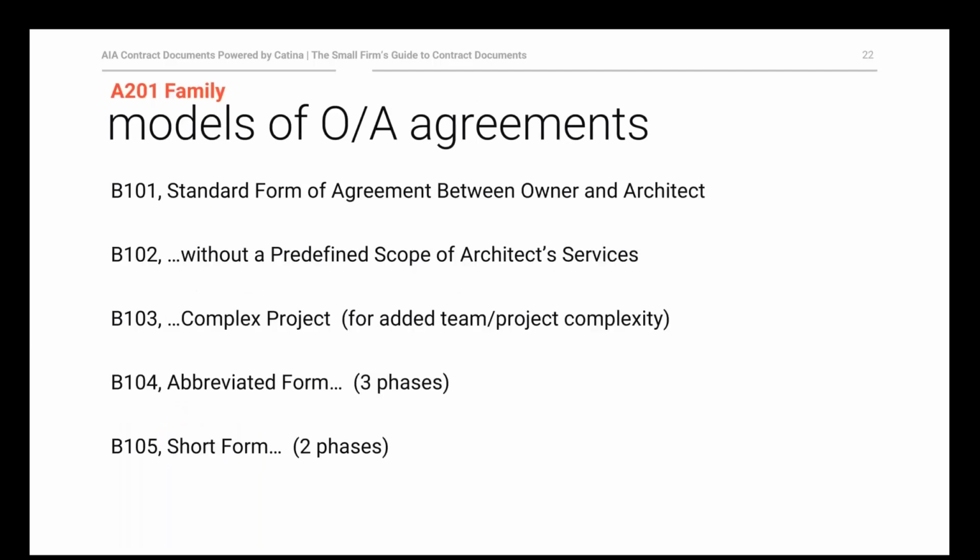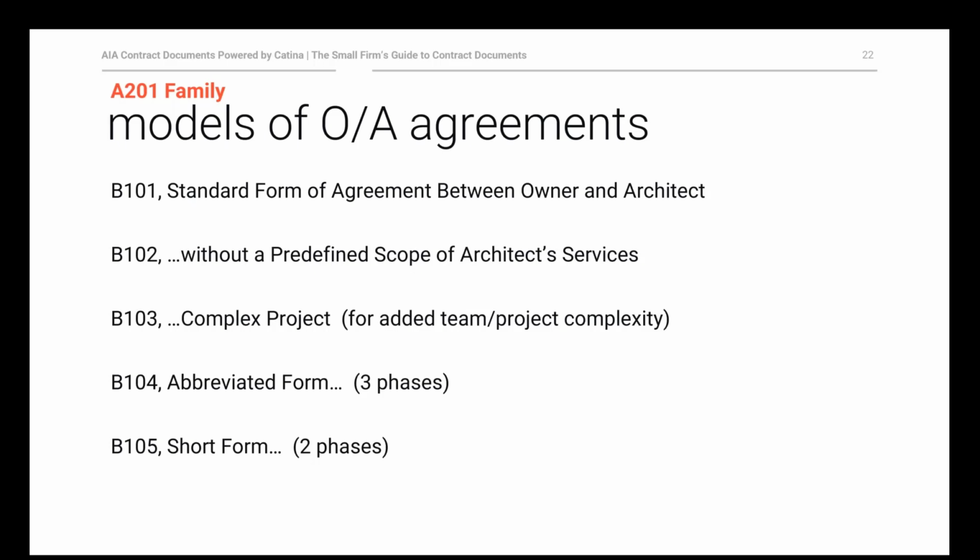Now, what different types of owner architect agreements do we have? Well, we've got the B101, which is the one I just talked about. We also have what's called the B102, which is a standard form of agreement, but without a predefined scope of services.